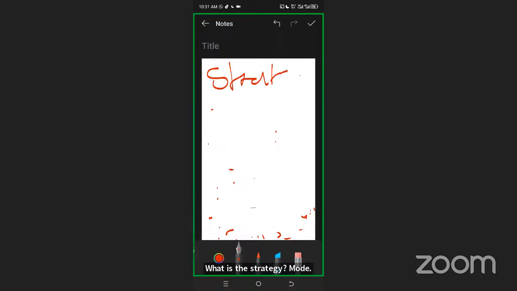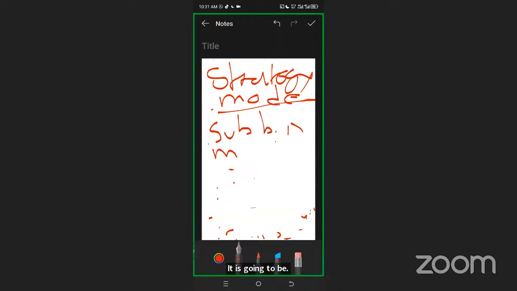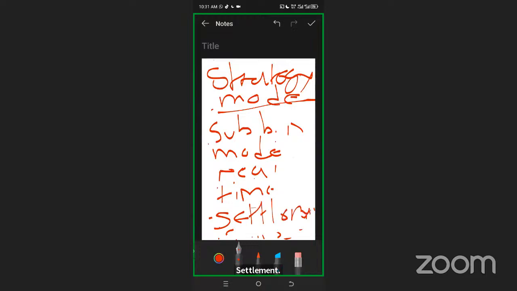The strategy mode is going to be sub-bin mode, real-time settlement. I don't want you to get confused, because last time I was teaching you the super bull run strategy and the bull run strategy, where I was always talking about sub-bin mode.